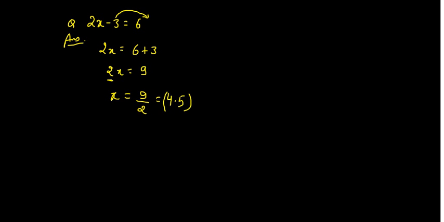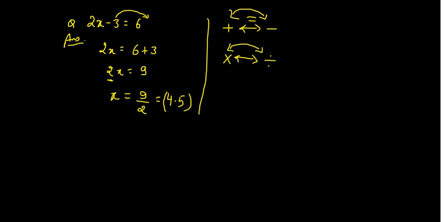So two important things that we have learned. Plus sign changes to minus sign and minus sign changes to plus sign when it goes all the way towards the equals to. Multiply and divide happen in the same way. When you divide or multiply, it will change.